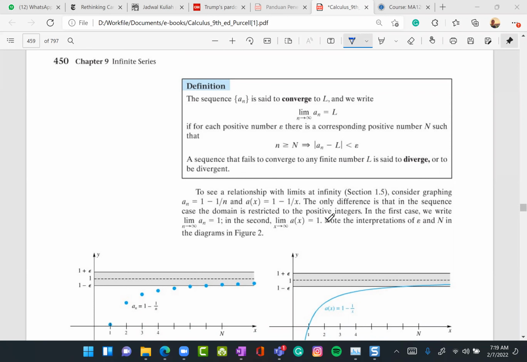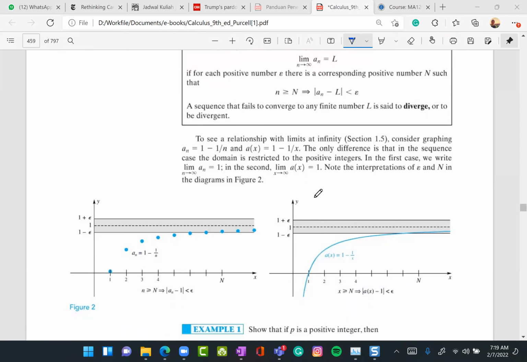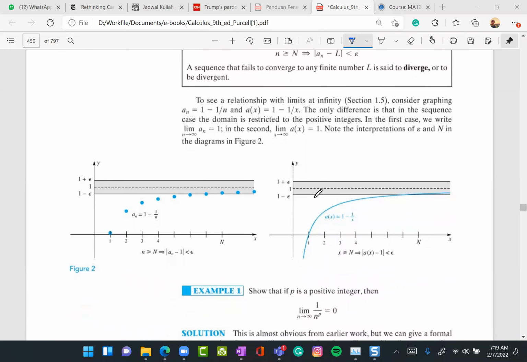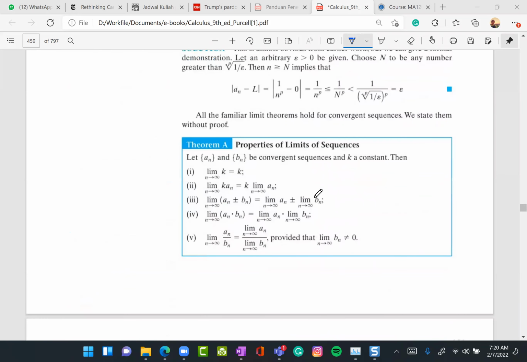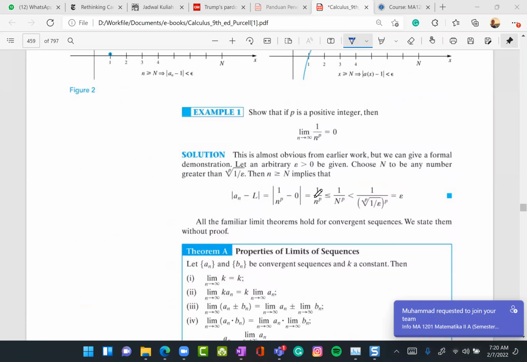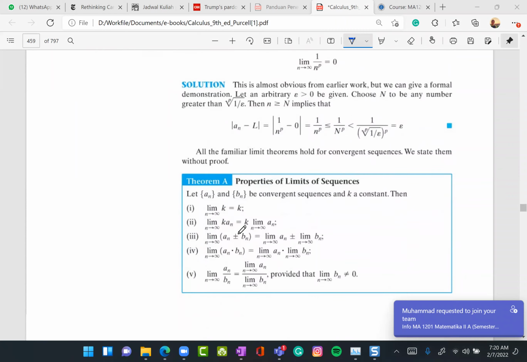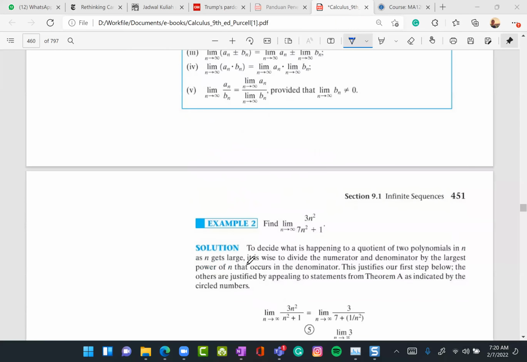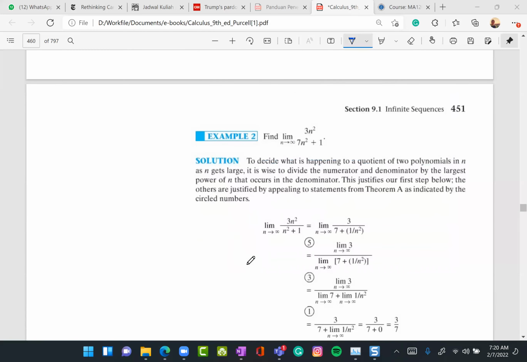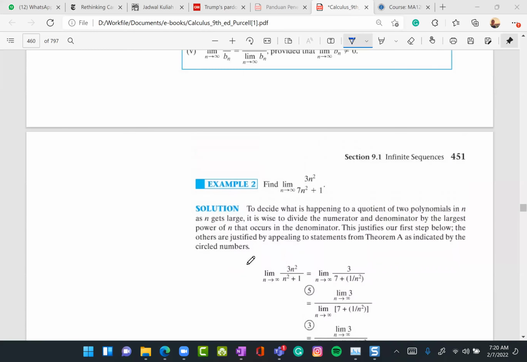How do we compute limits for a sequence? I skip this part and just compute the limit of a sequence just like usual, with regular properties. I'll show you later. Okay, let me show you how to compute this one here.